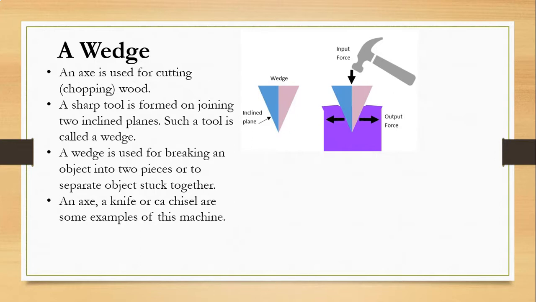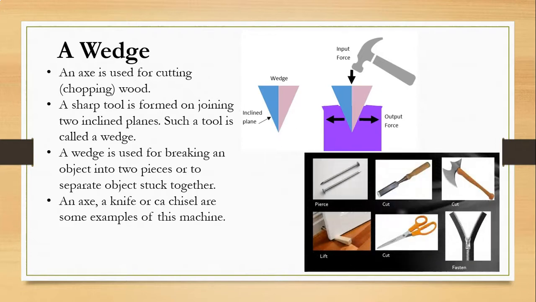If you see the shape of the knife, it is in this shape. So a knife is a wedge. And why do we use it? To cut things or to make pieces or to break things into pieces. That's a simple machine. So these are some of the wedges which we use.